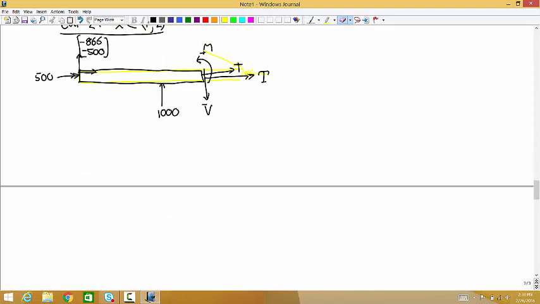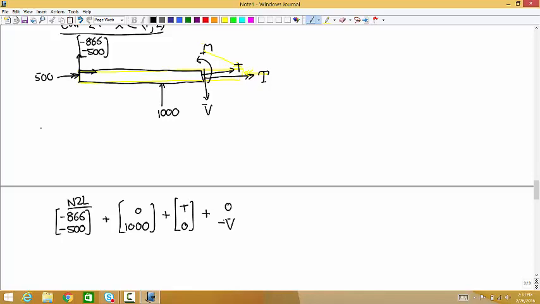Okay, so Newton's second law says negative 866, negative 500, plus 0, 1,000, plus T, 0, plus 0, negative V is equal to zeros.